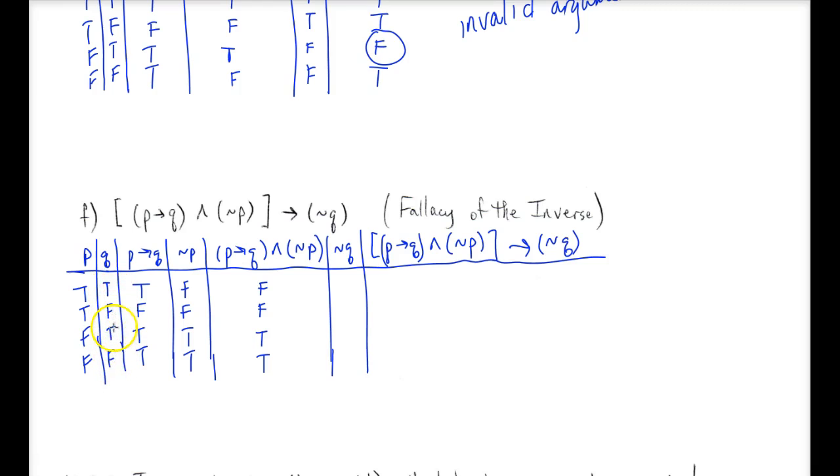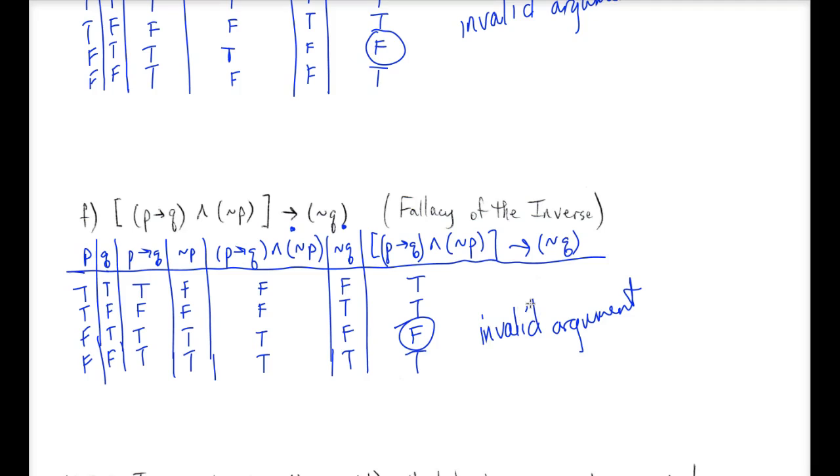So it'll be F, T, F, T. Then we take these two columns and look at them as the statements of a conditional statement. We know false, false ends up being true. False, true ends up being true. But here we have true, false, which ends up being false. And we have true, true, which is true. Again, we have at least one false outcome. So again, this is an invalid argument.